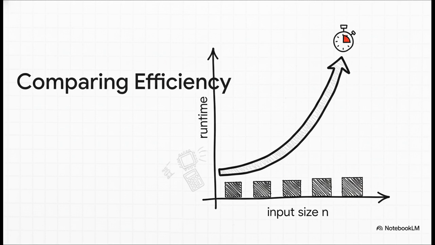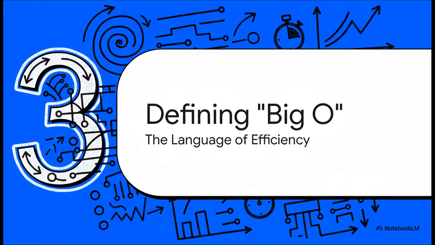Is the time it takes going to grow nice and steady, or is it just going to explode? We do this by intentionally ignoring all the small stuff, like how fast your specific processor is, so we can focus on just one thing, the fundamental growth trend of our algorithm. And to talk about this high-level growth stuff, we need a shared vocabulary, a common language. And that language is Big O notation.